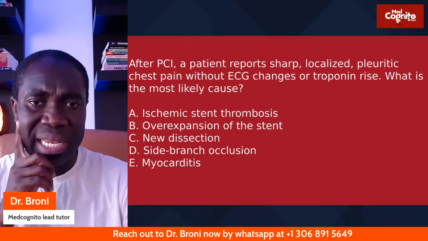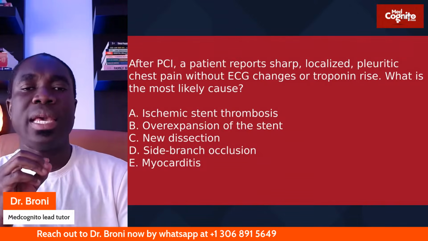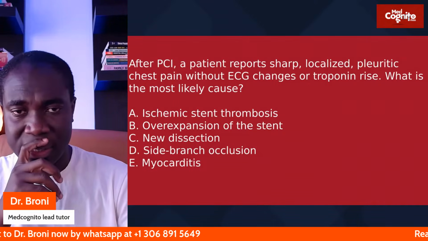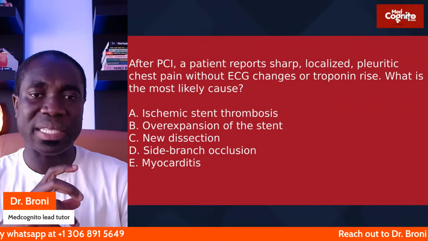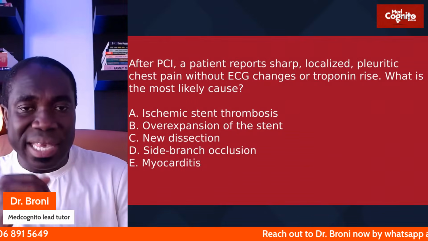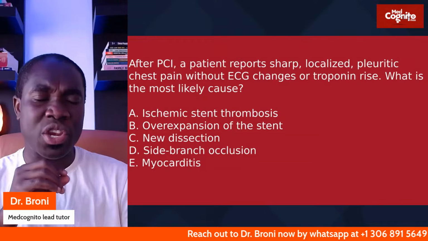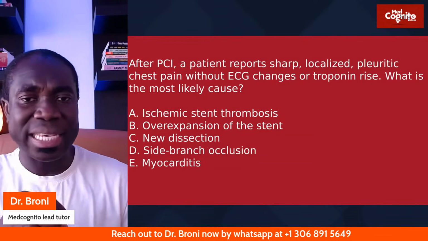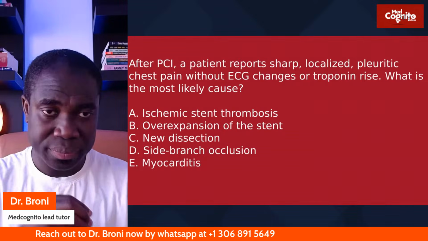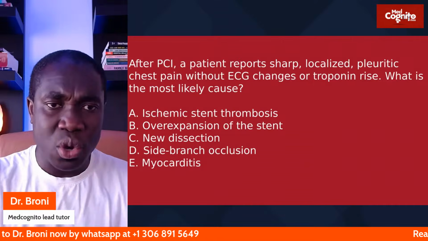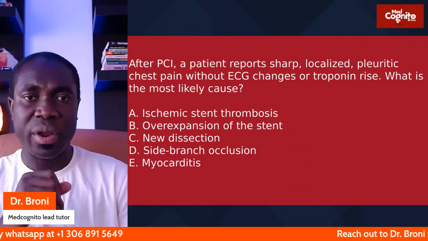What is the most likely cause? A, ischemic stent thrombosis. B, overexpansion of the stent. C, a new aortic dissection. D, side branch occlusion. And E, myocarditis. What's the correct answer?